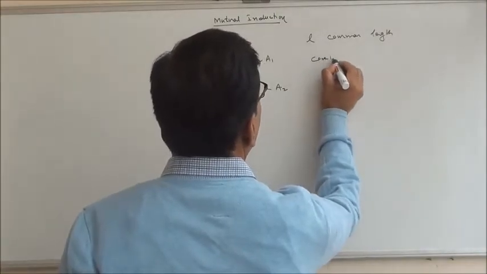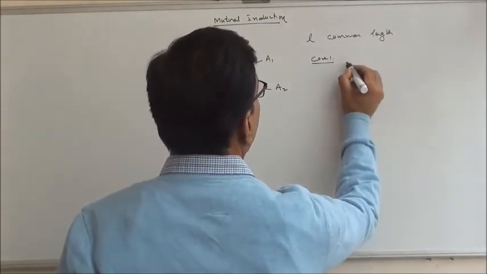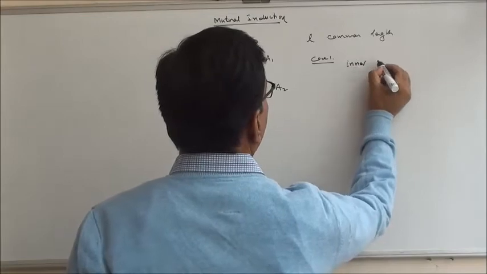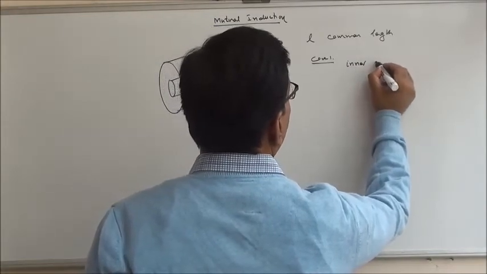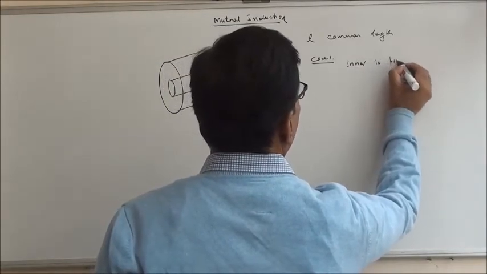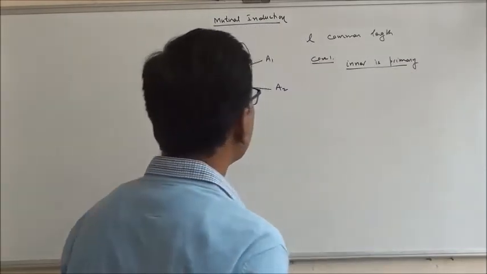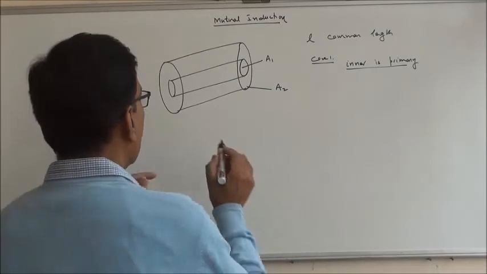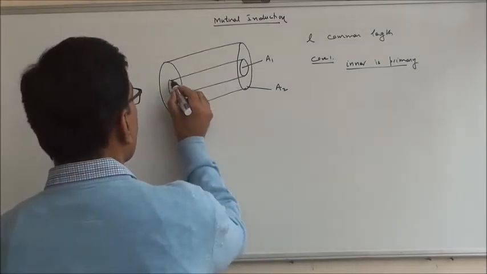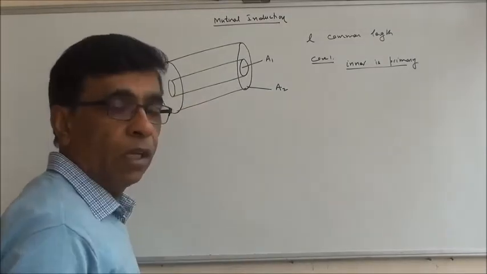Let me take case 1. The inner one is primary and the outer one is secondary. So it means current is passing through this inner one.